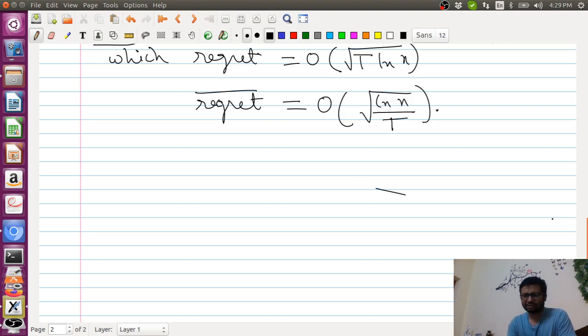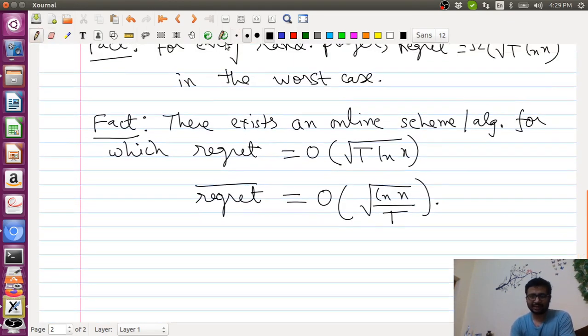Okay. So this algorithm is based on a technique known as multiplicative weight update.